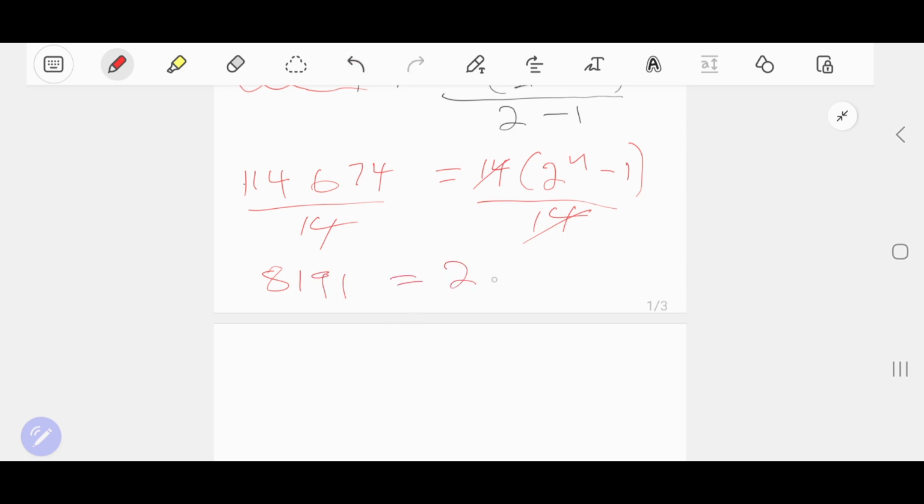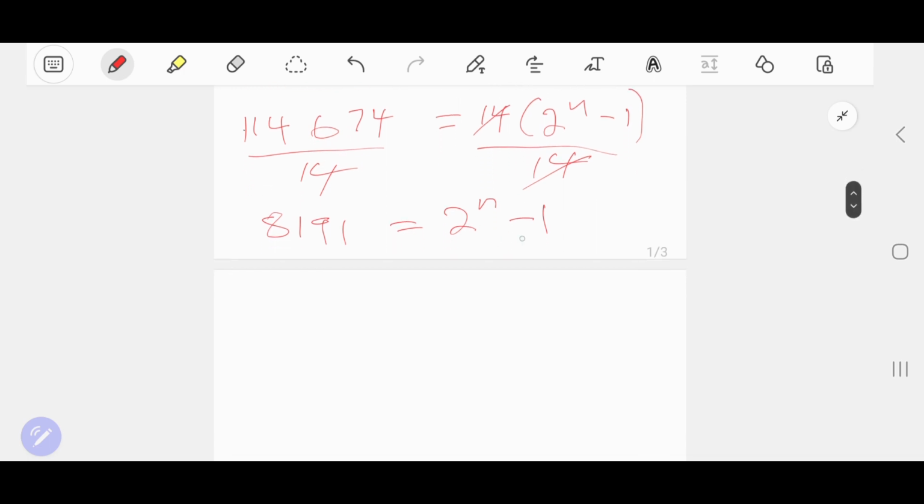And then it's going to be 2 to the power of n. And then I want the n. Remember, people, we are looking for n in this case, so I have to transpose this one. When I transpose to the other side, it's going to be 2 to the power of n. And from here, I can use logarithm laws to find and make the value for n the subject of the formula in this case, people.